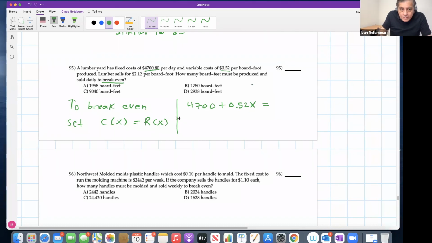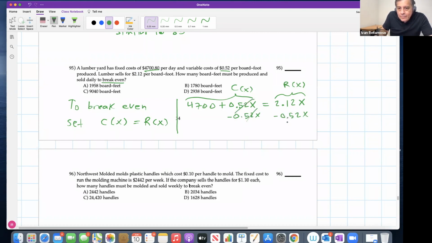Revenue function is determined by this number. You're going to sell at $2.12 each item. So that multiplied by X is the revenue function. Maybe I should write here. This is the total cost function, and this is the total revenue function, right? And what is left is just to solve here for X. To solve for X, subtract 0.52X on both sides, right?